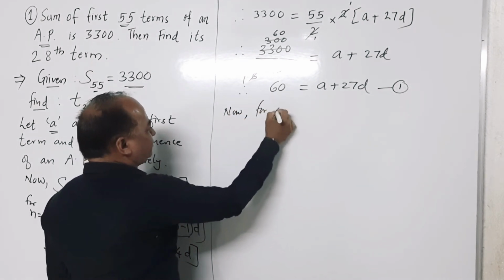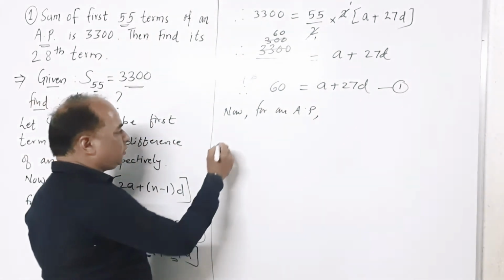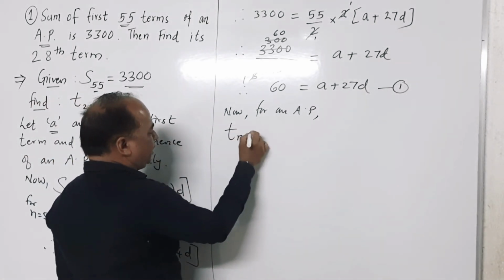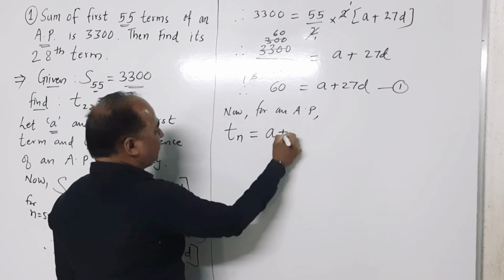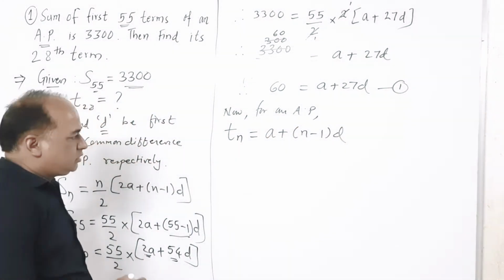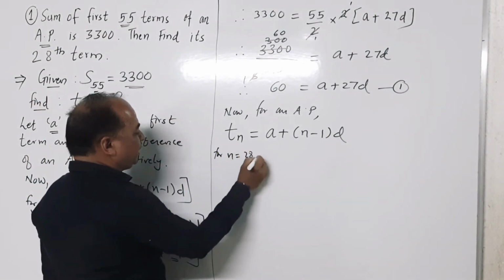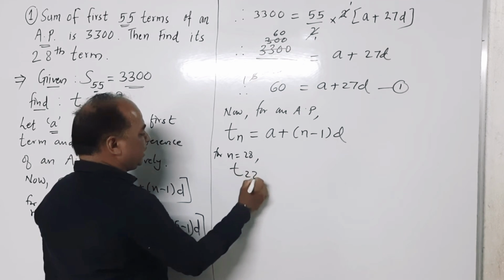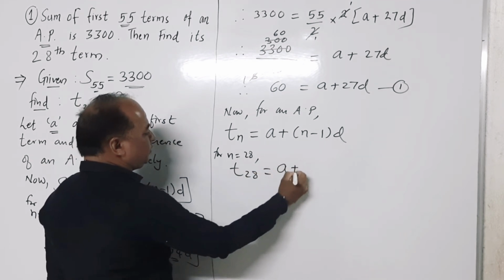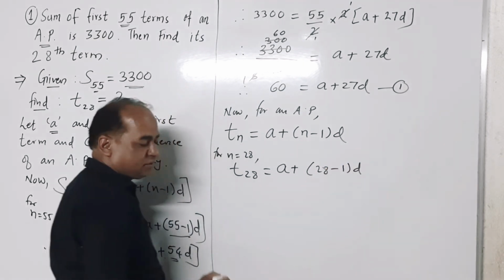Now for an arithmetic progression, the nth term of an AP is given by Tn is equal to A plus n minus 1 into d. Therefore, for n is equal to 28, T28 is equal to A plus 28 minus 1 into d.